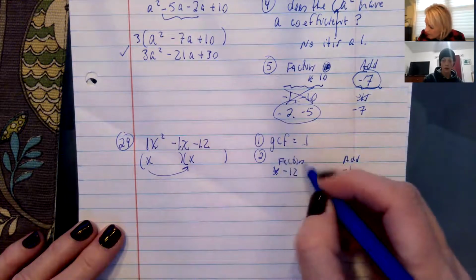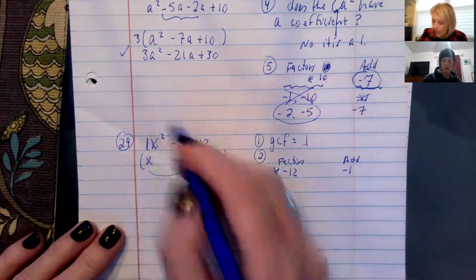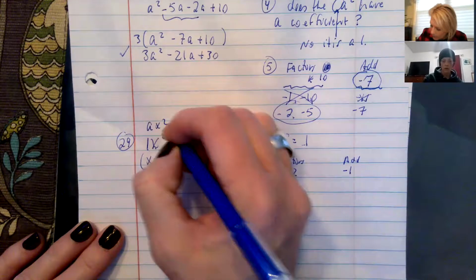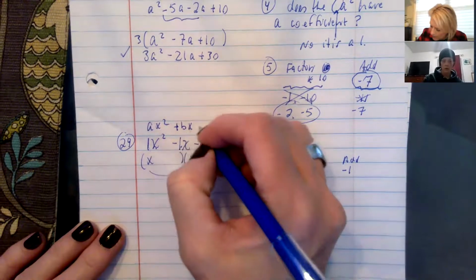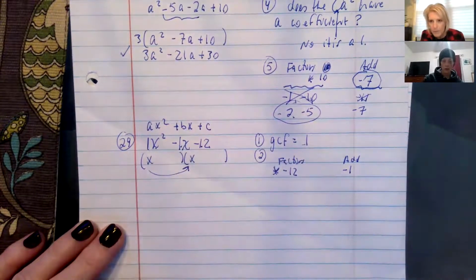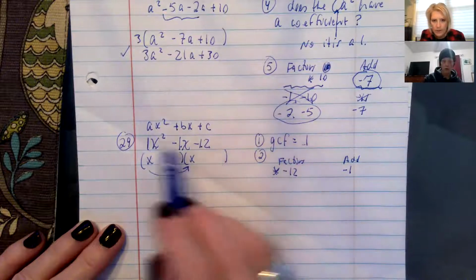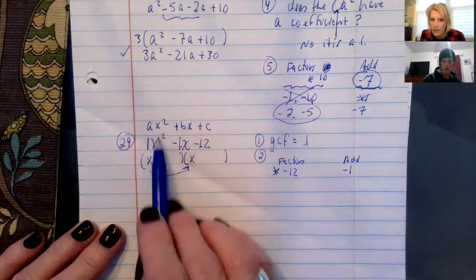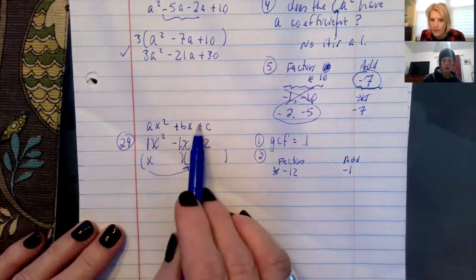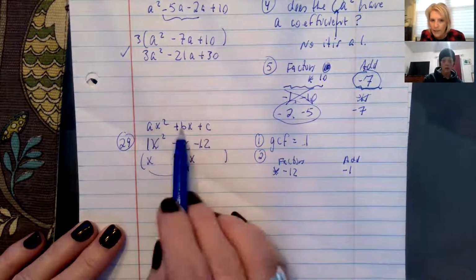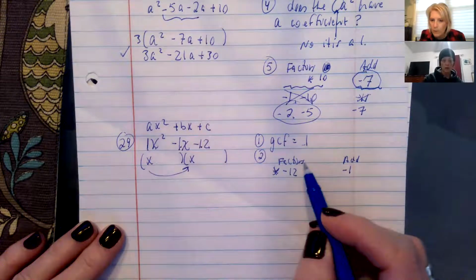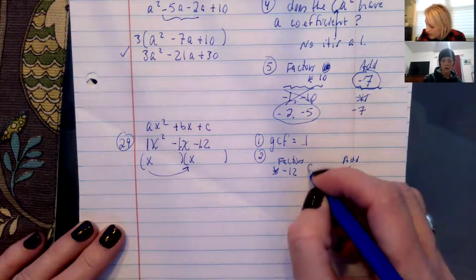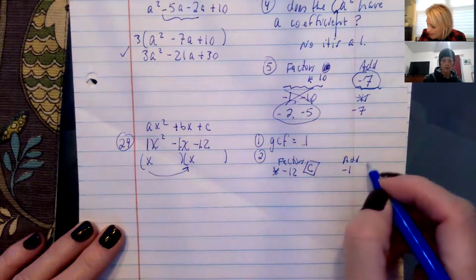Okay. So they call this ax squared plus bx plus c. If you always label the coefficients, the number on your x squared, the number on your x, and the number on your constant, a, b, and c, then if you want to write this down, it's always factors of c that add to make b.